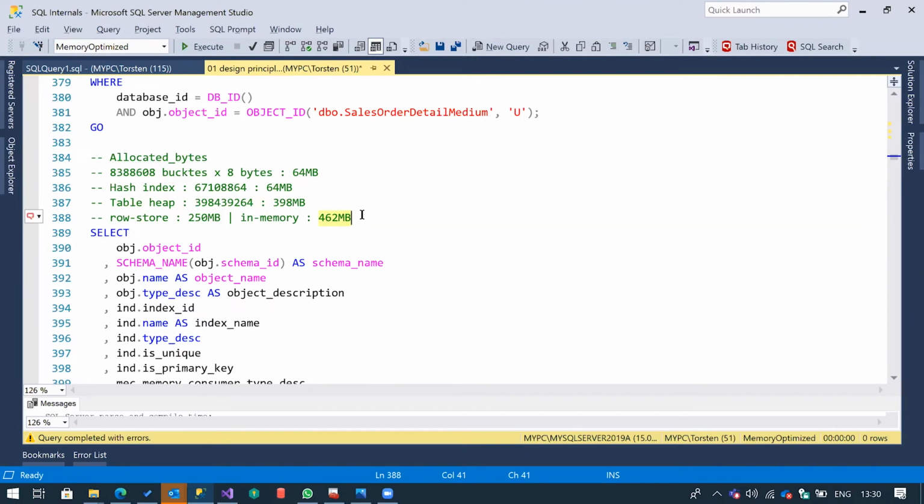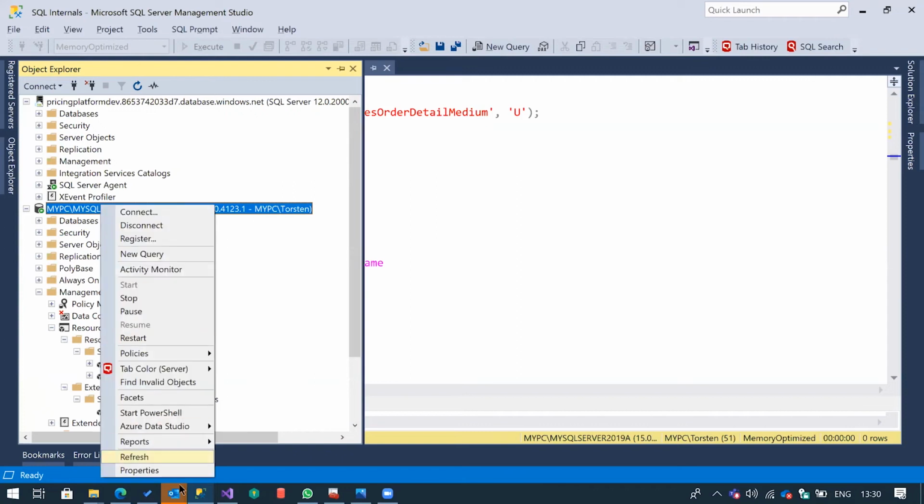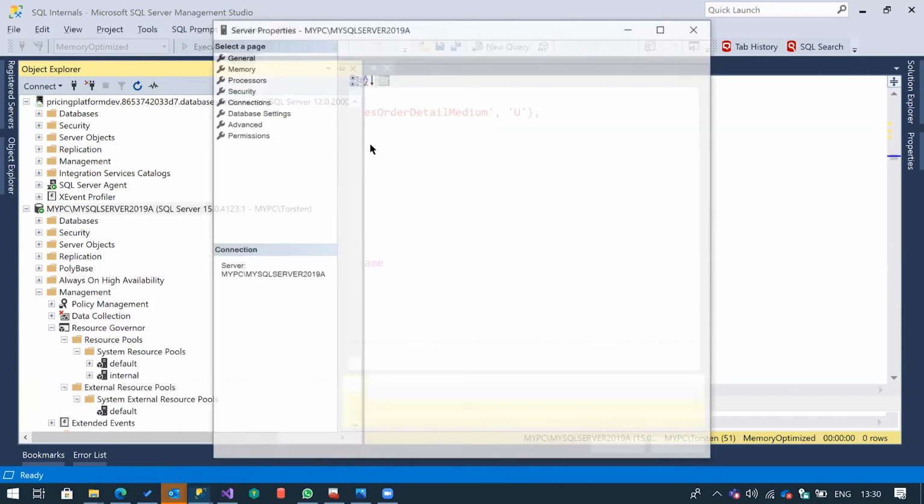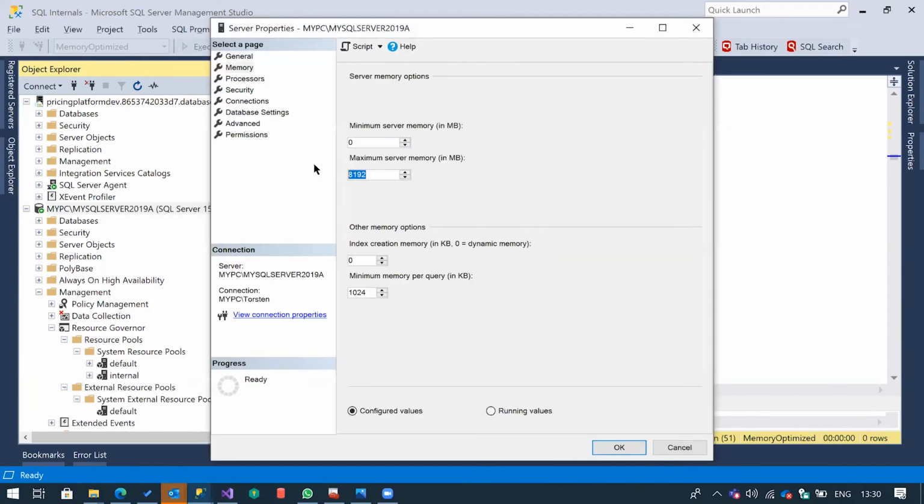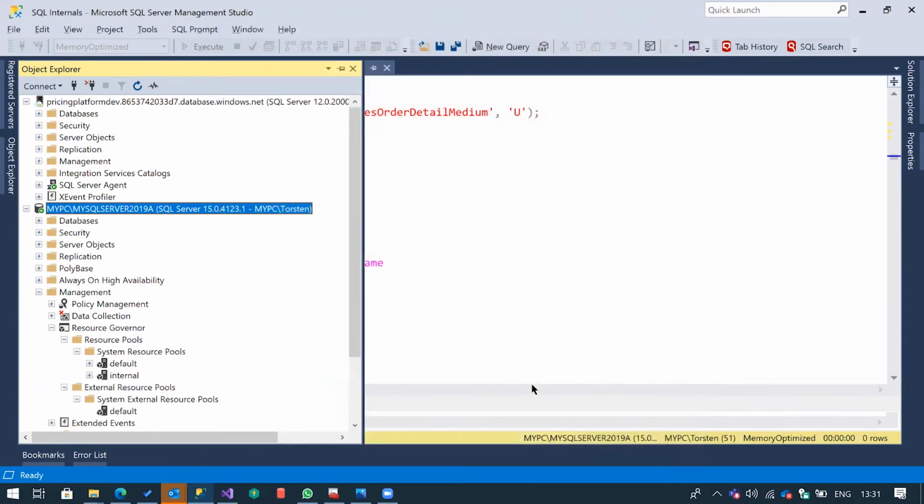Because it is considered, this is maybe also worth mentioning. Whenever you configure your instance, you configure the memory as I did here. And the in-memory OLTP data are part of the maximum server memory, which is good because you have to limit the memory for SQL Server on a host.